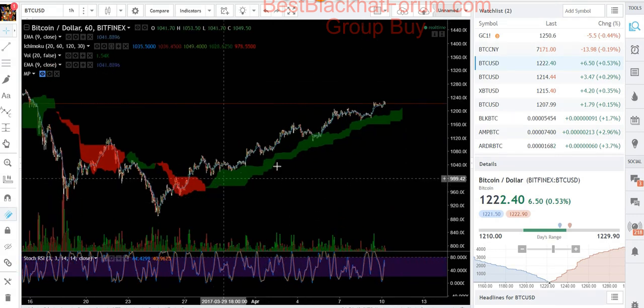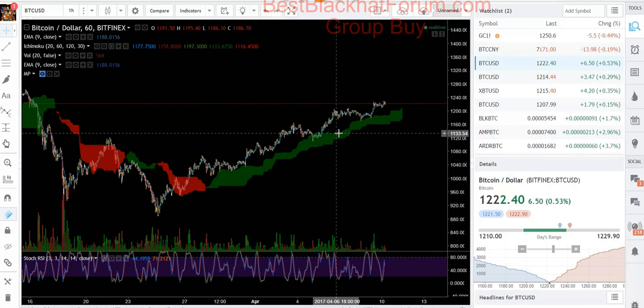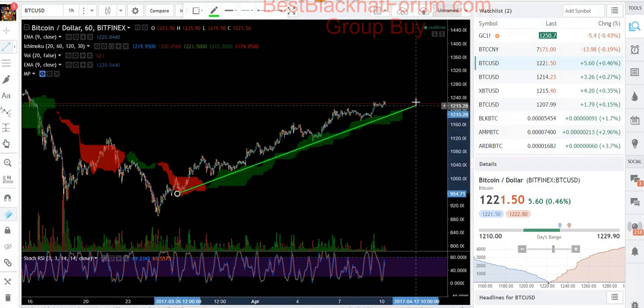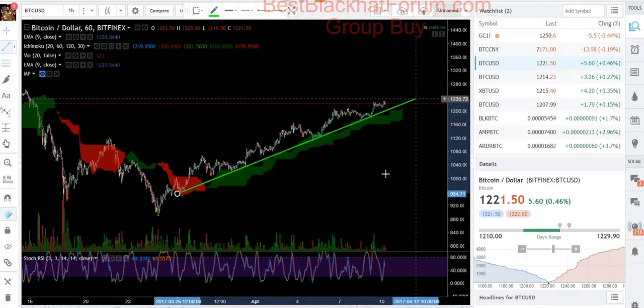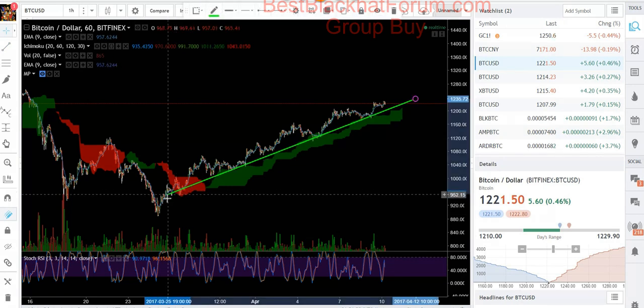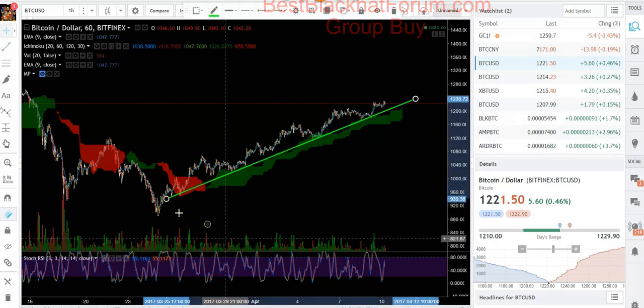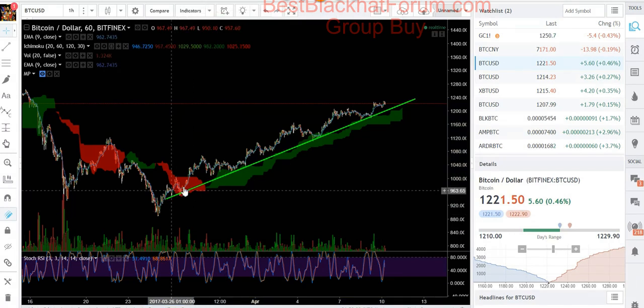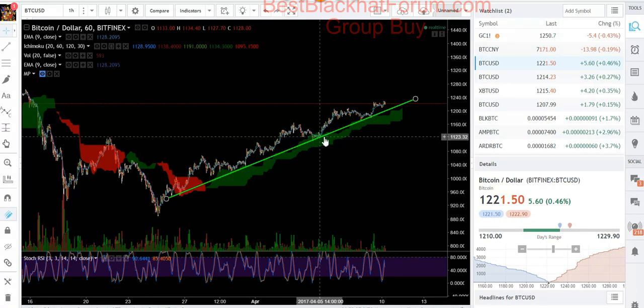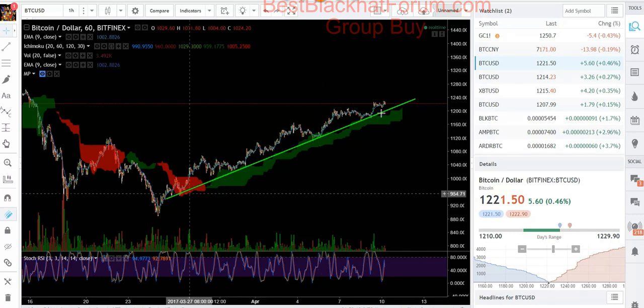Respecting this cloud all the way up here in our bull run that we've been having. And this basically has been respecting also this trend line right in here, right about there. Okay. And basically you can put a trend line on that too, right from all these points. They have basically 1, 2, 3, 4, a bunch of them here, 5, 6, 7, 8, 9. I mean, we respected that trend and this 1 hour cloud this whole run.